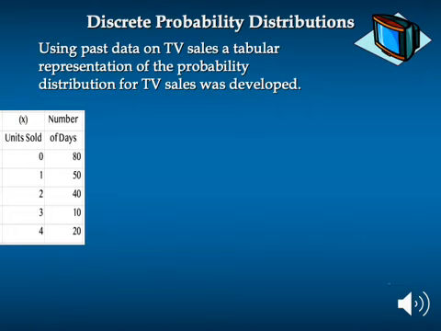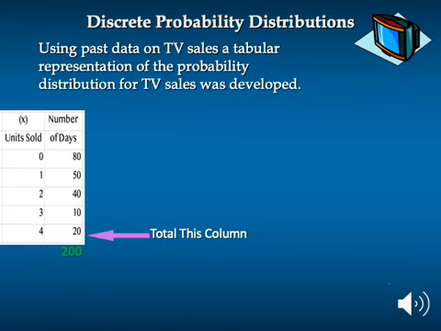If we looked at a period of time, there was 80 days we didn't sell any TVs, and there was 50 days we only sold one, 40 days we sold two, and so on for the rest of the list. We total this column up, and when we do that, we see that the total for that column is 200.